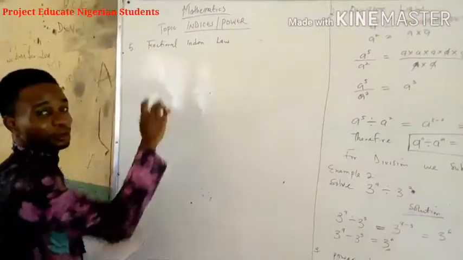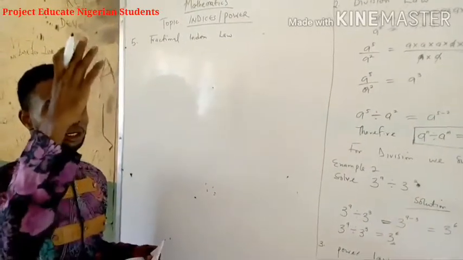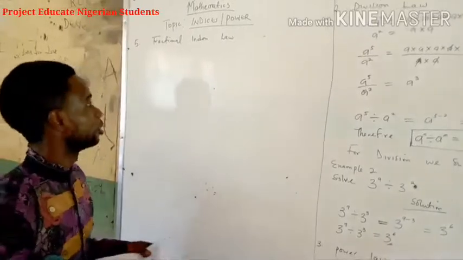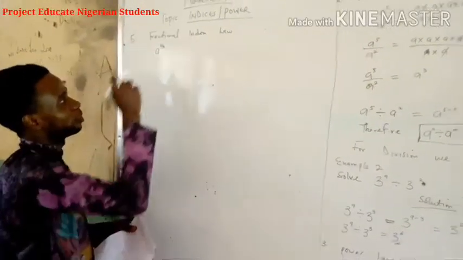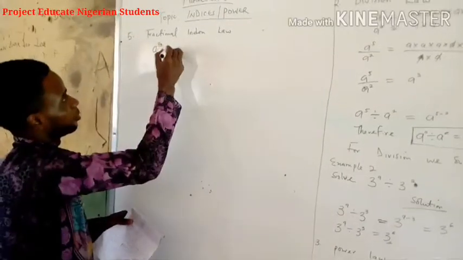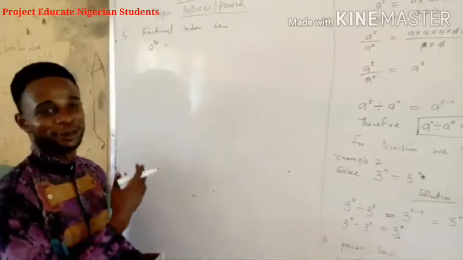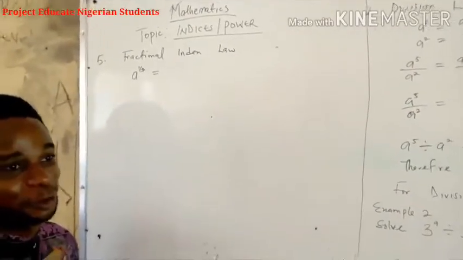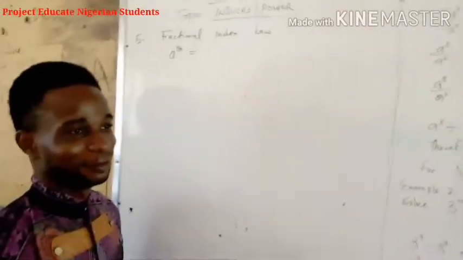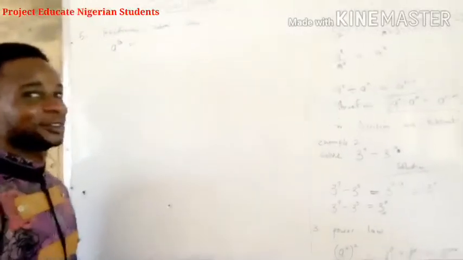So you know what fractional means? Fractional means a number that is having a numerator and denominator, okay? So let's assume we have a raised power 1 over 3, okay? Please, we need to listen more carefully here because this is sometimes confusing. Even when I was in secondary school, it took me time to understand this, okay?